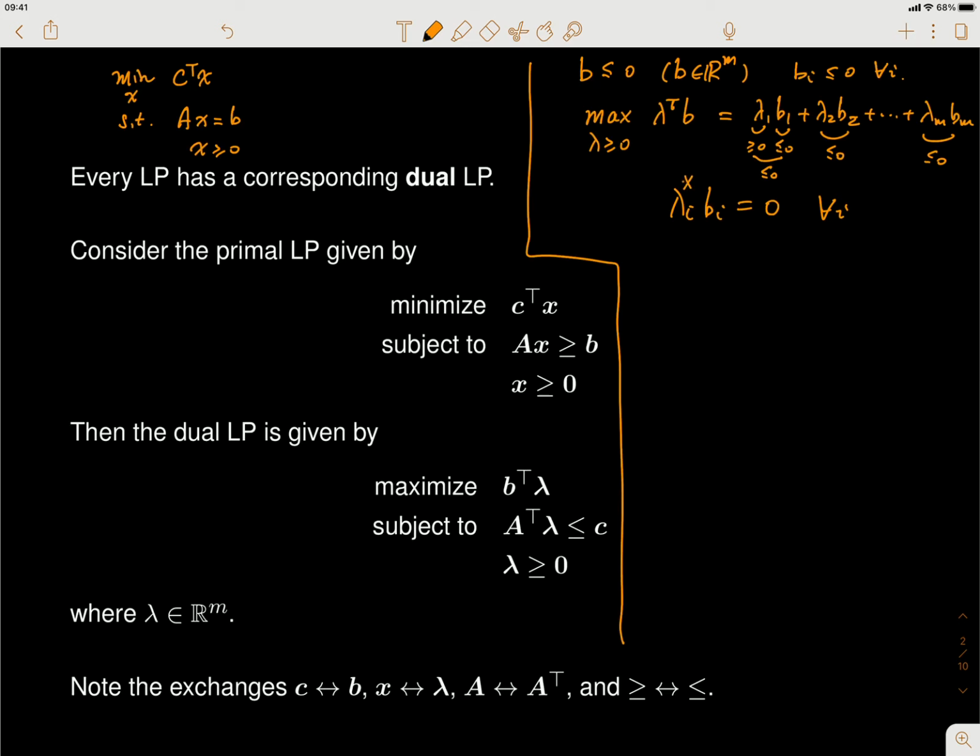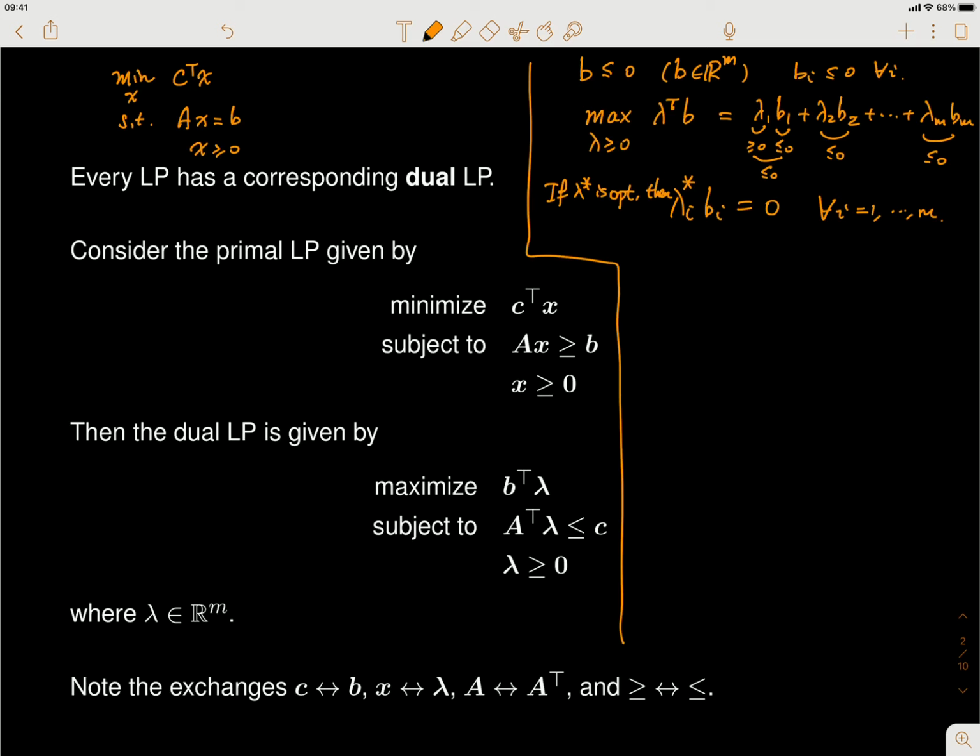Let's say that lambda star is the optimal solution for this problem, so lambda i star is the ith component of lambda star. If lambda star is optimal, then lambda i star times bi must be equal to 0 for all the i's from 1 to m.